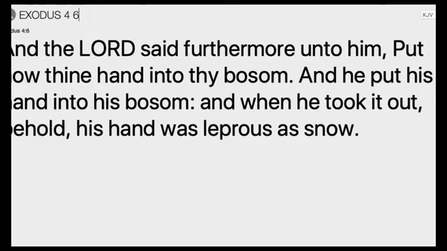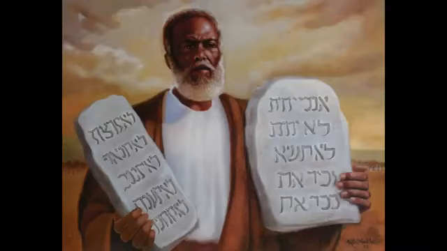And again, this is another story of Moses. Moses was chosen by the Most High God to go redeem the Israelites from under the hand of Pharaoh in Egypt. The Most High had a plan to redeem the Israelites through Moses, and he had to give him some signs in order to convince the people. One of the signs was to put his hand into his bosom so that when he removed it, it would have turned white as a leper's.